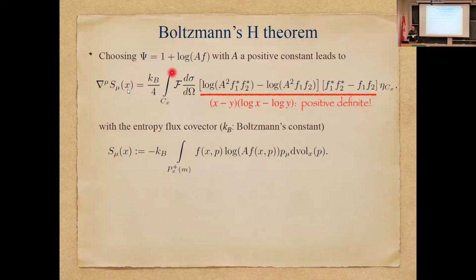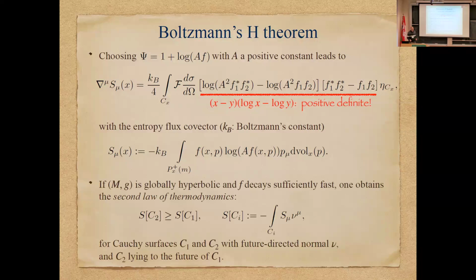And now you see the interesting thing is that what you get under the integral here is positive definite, because it has the form log y minus log x times y minus x. Because the logarithm is monotonically increasing, this is always positive, except when x is equal to y.